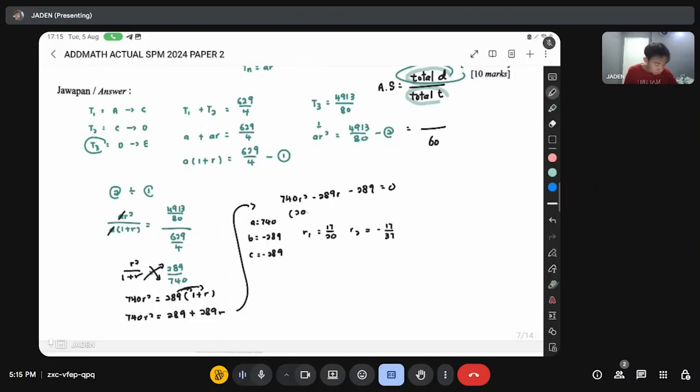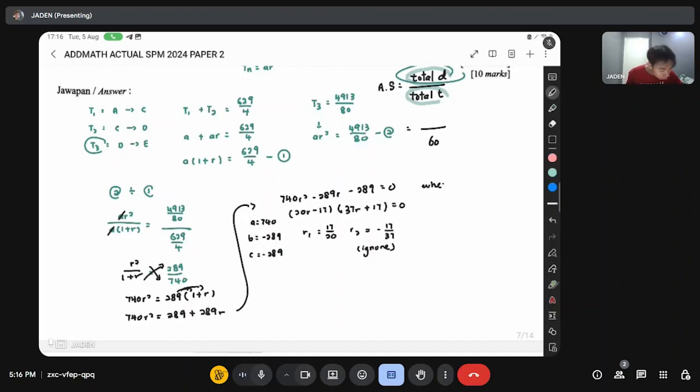So this is 20r minus 17, and this will be 37r plus 17 equal to 0. And most likely we have to reject the negative r because we don't take negative ratios in this case. So this is going to be ignored, or in Malay, just abaikan. And then we're going to proceed with our calculation of a.